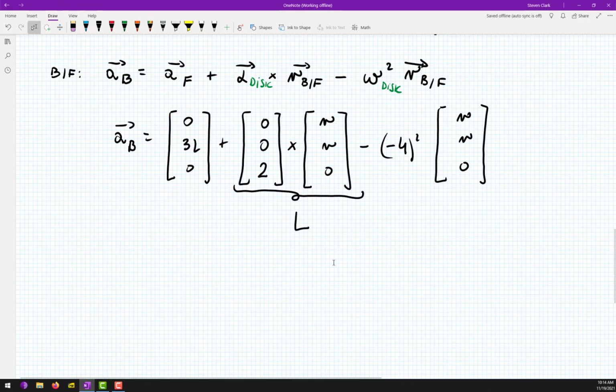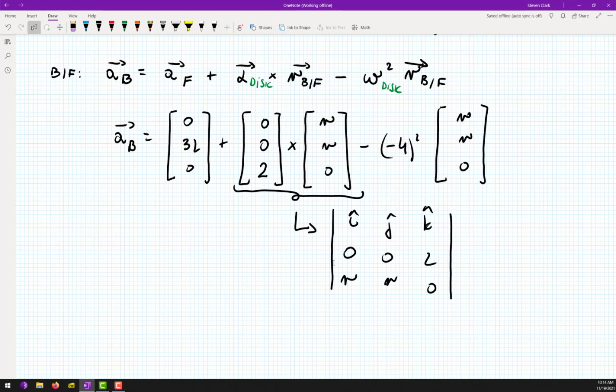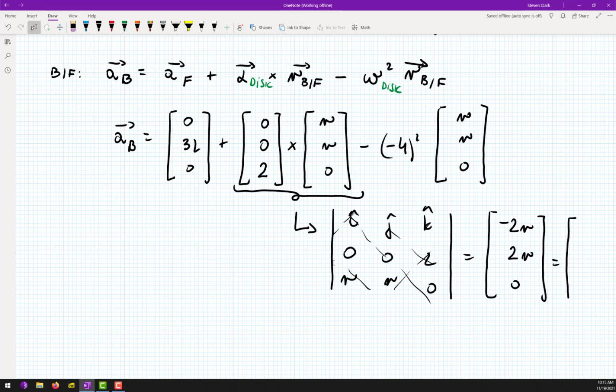IJK, 0, 0, 2, R, R, 0, and this is equal to minus 2R, 2R, 0. So it will be minus 4, 4, 0.